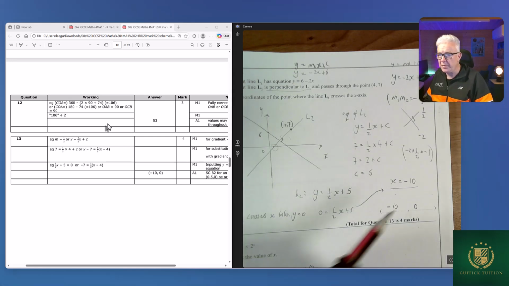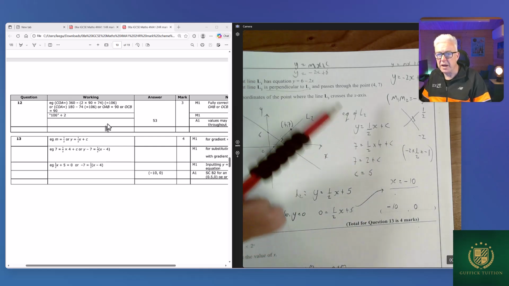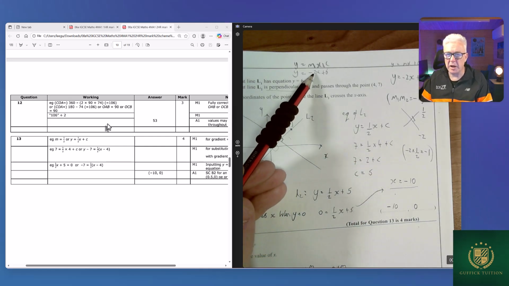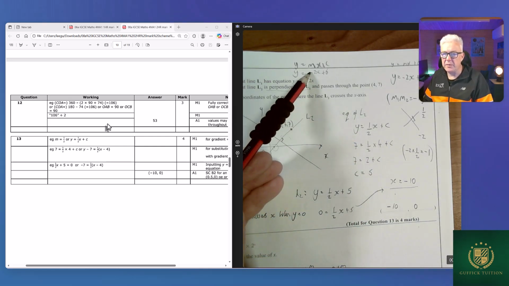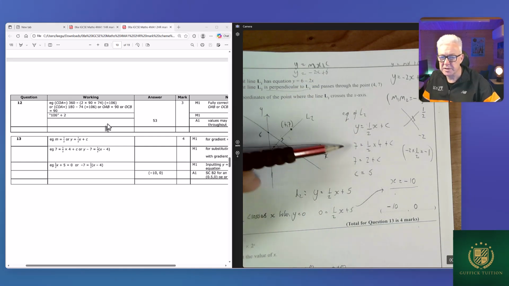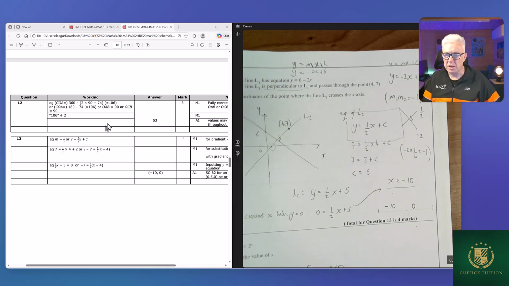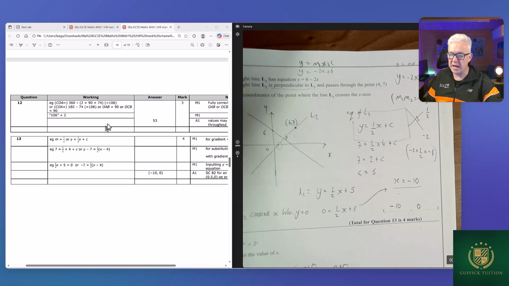So we need to flip the gradient and we need to change its sign. The reciprocal of minus 2 is a half, and the opposite of a minus is a plus, so it's going to be plus a half. So so far we know that the equation of L2 is y is equal to a half x add c.